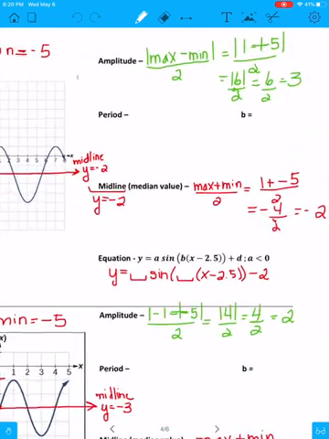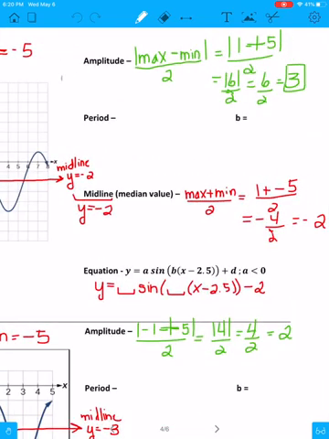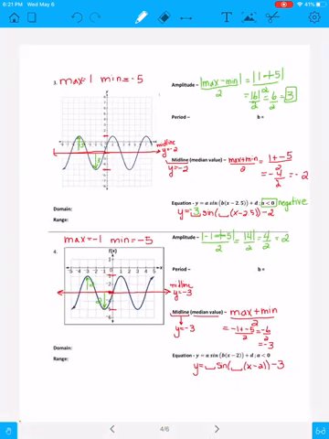My A value, my amplitude, is 3 for number 3. So I'm going to put a 3 in front. And I don't need these underlines here. We'll fix that after, but that's just to fill in. But it says at the back, A has to be less than 0. So that means it needs to be negative. So it's not going to be y equals 3. It's going to be y equals negative 3. So they have to tell you if it's positive or negative.